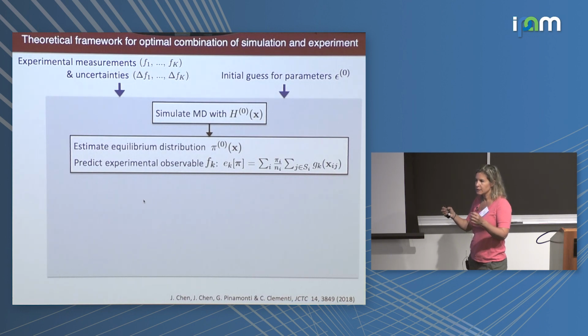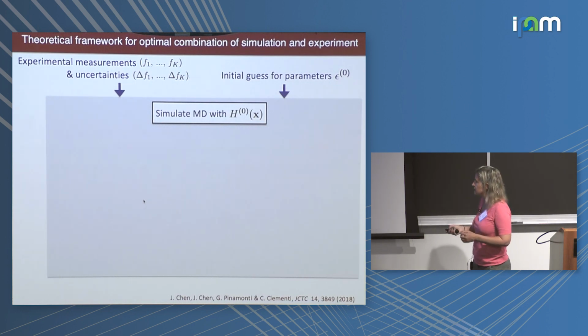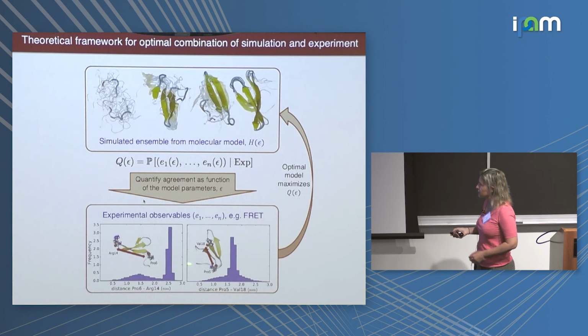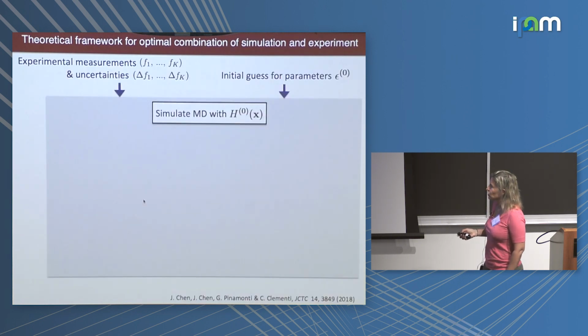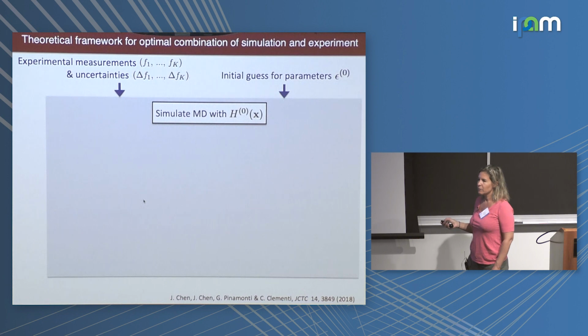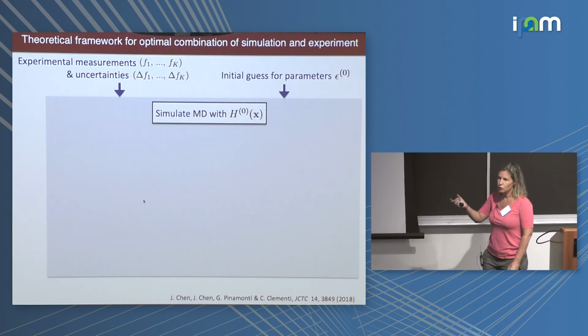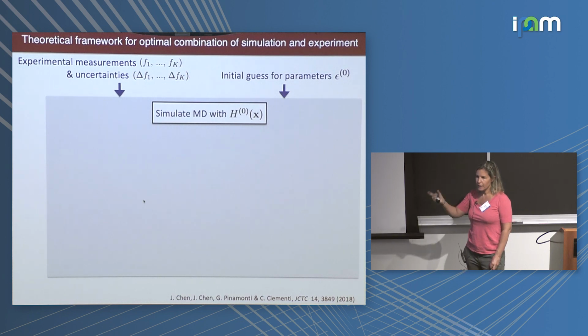So what you get is a distribution of the distances. For instance, in this case, it is the distribution of the distance between two specific locations in a protein at equilibrium. And we want to reproduce this, or we have NMR observables, things that probe the distribution of side chain orientation locally.